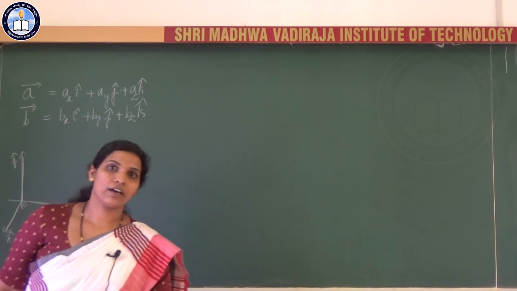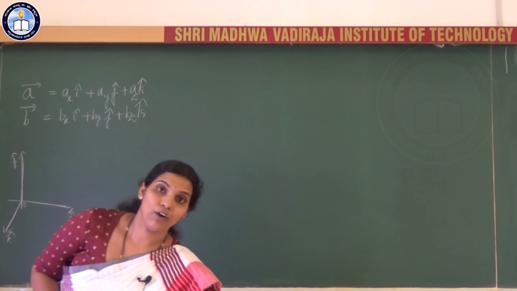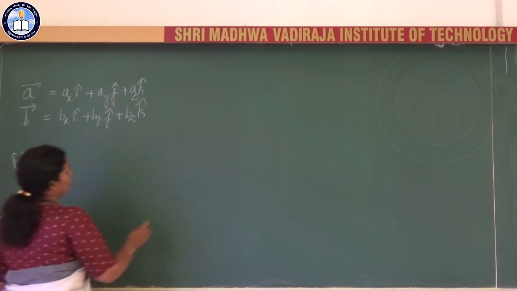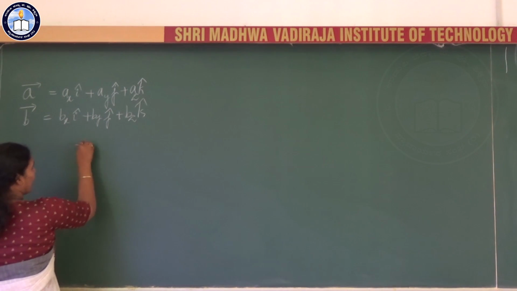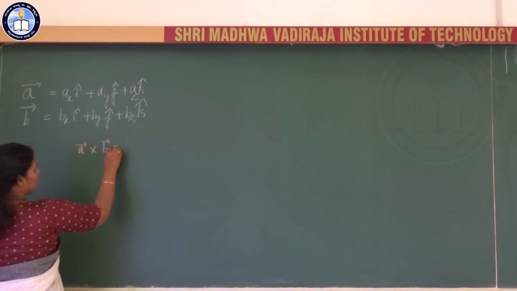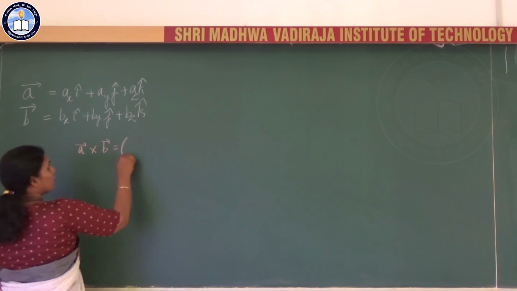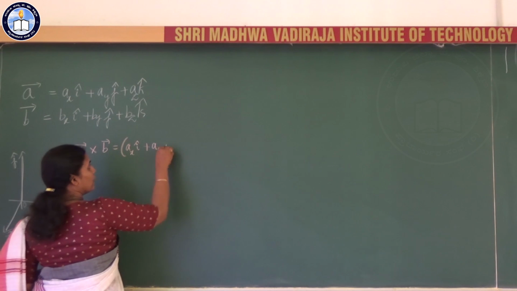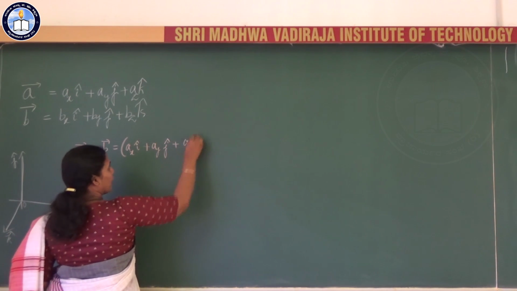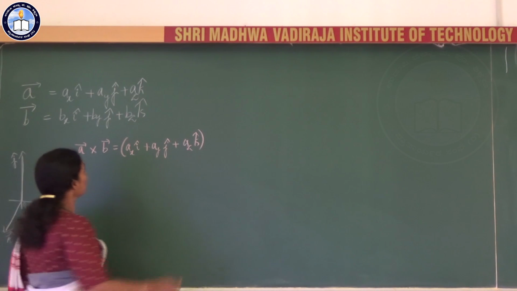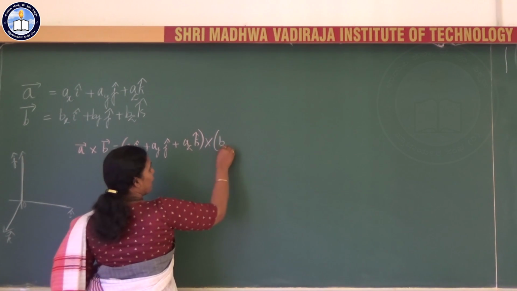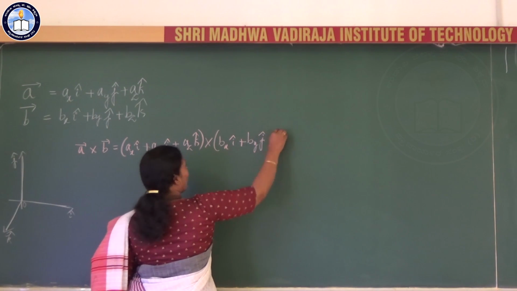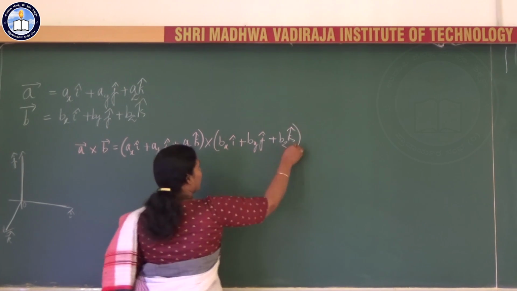Okay, let me go for the cross product of vector A and vector B in the component form. Then I can write A cross B equal to (Ax i cap plus Ay j cap plus Az k cap) cross (Bx i cap plus By j cap plus Bz k cap).